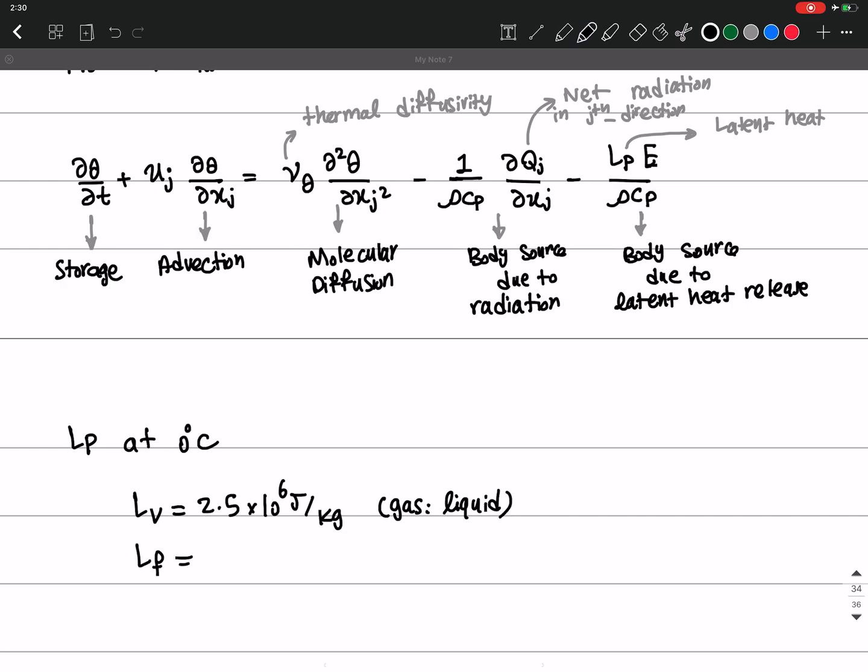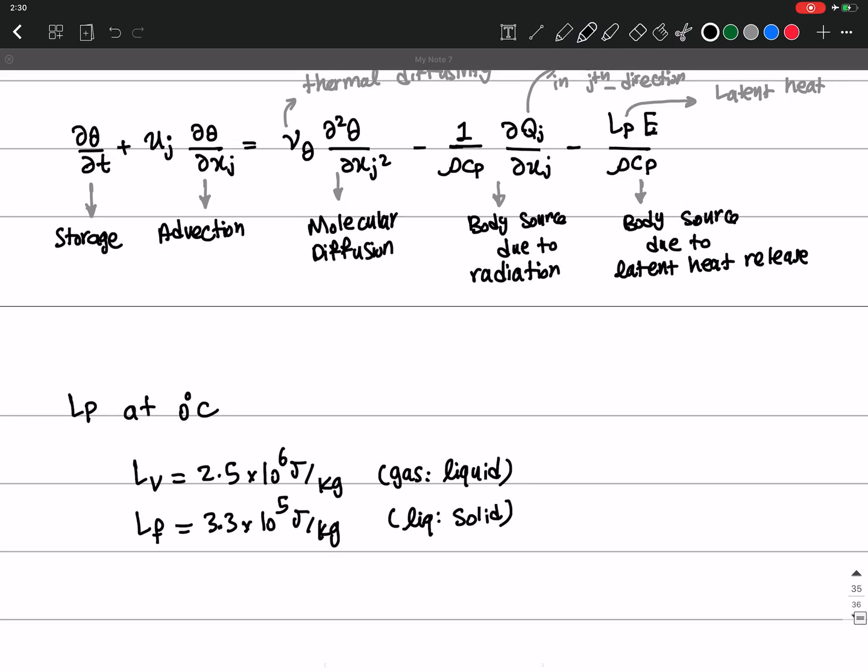Also, LF, when we have liquid to solid phase change, we have 3.3 times 10 to the 5 joule per kilogram latent heat release. So this is liquid to solid. So these are some numbers that I just wanted to give you.